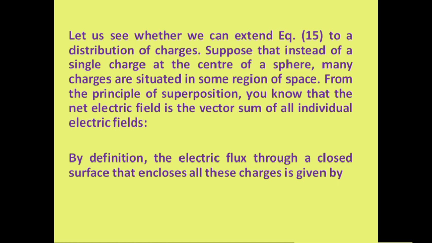Suppose that instead of a single charge at the center of the sphere, many charges are situated in some region of space. Then by the principle of superposition, the electric field due to the sum of the individual charges, E, is equal to the summation over j of vector Ej.